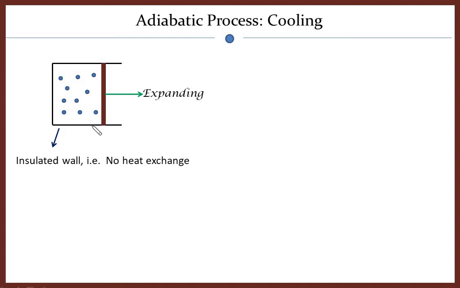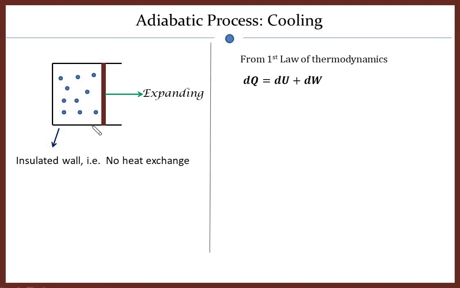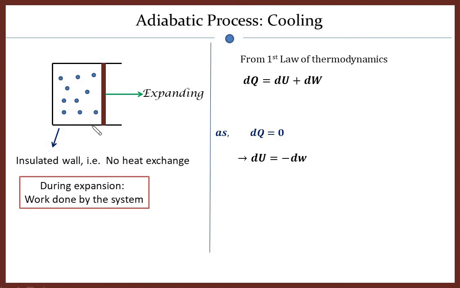The wall is insulated so that there is no heat exchange between system and surrounding. To understand this cooling, we again start from the first law of thermodynamics, dq equals du plus dw. As this process is adiabatic, dq equals 0. Therefore, du equals minus dw.